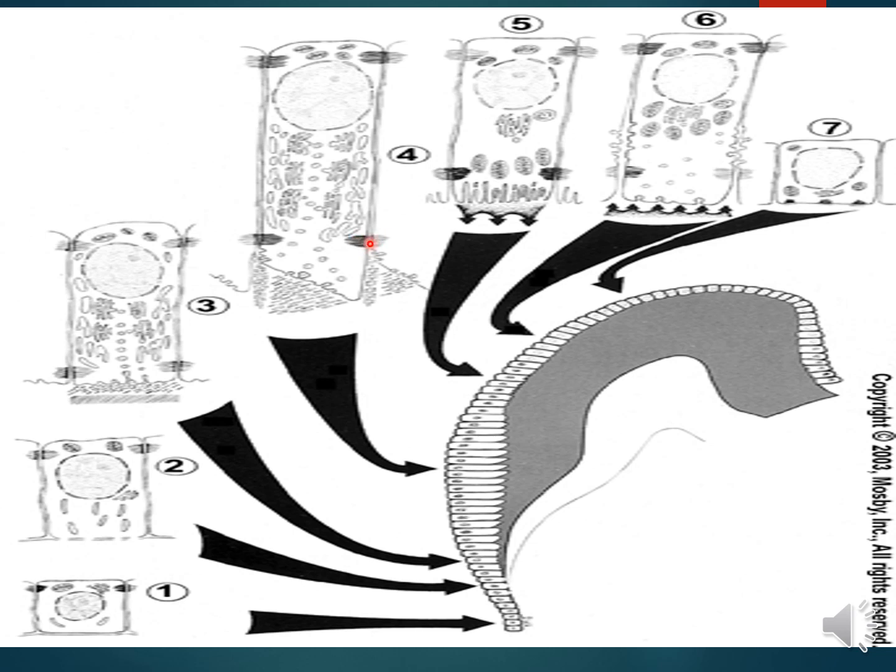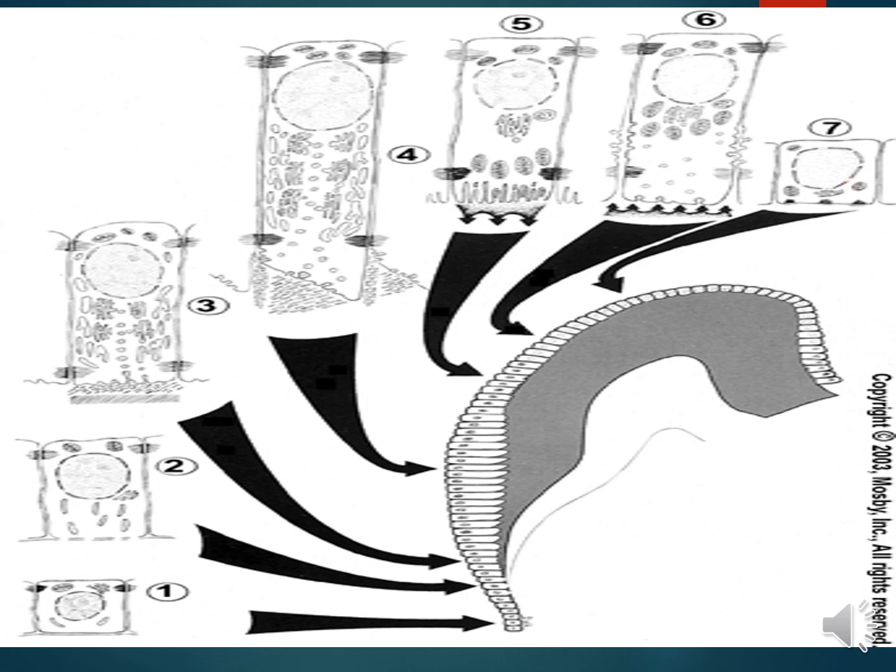These terminal bars attach one ameloblast to the other. There are two types, proximal terminal bars and distal terminal bars. They play a very important role during maturation by opening and closing at the proximal and distal terminal bar regions. So once the ameloblast completely matures, the ameloblasts no longer function, so we call them post-functional ameloblasts.